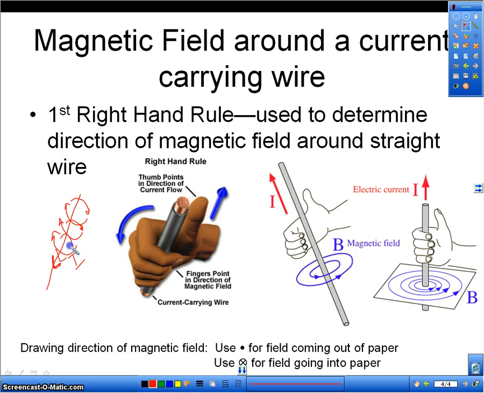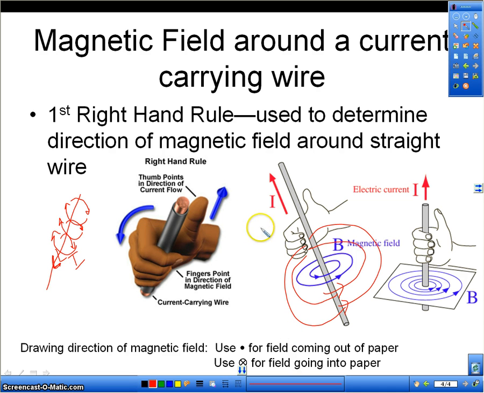And it's going to be in concentric circles like drawn right here. It'll be stronger towards the wire and it'll get weaker farther away. But the magnetic field is going to be in concentric circles around the wire itself.